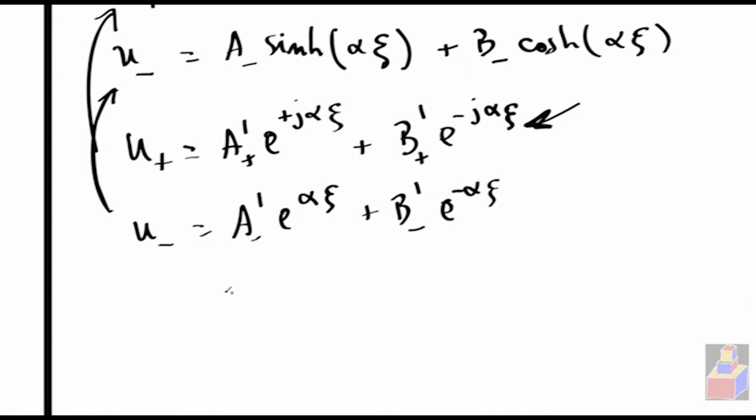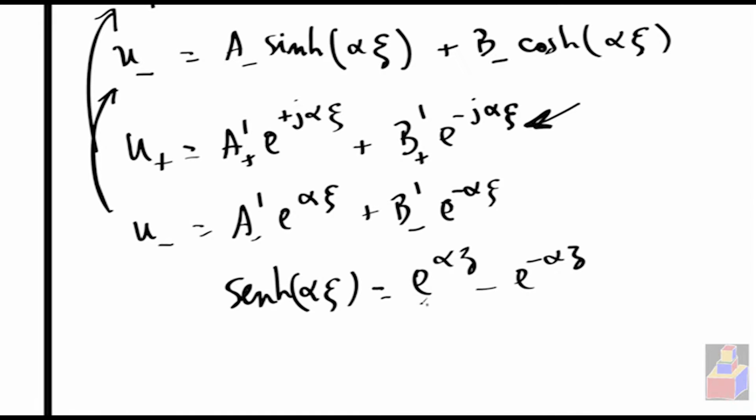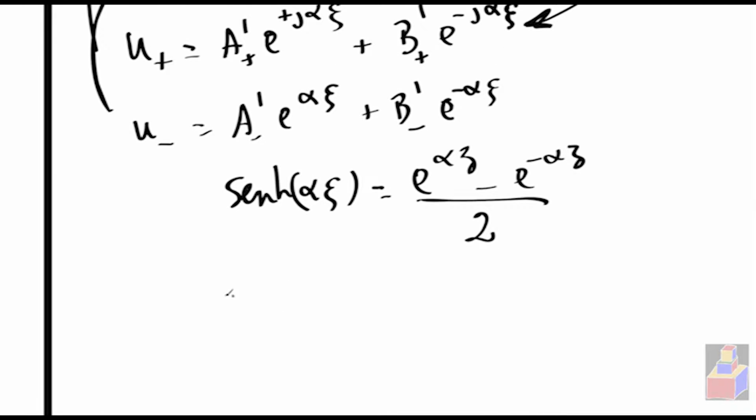It's important to recall the correspondence between hyperbolic functions and exponential functions. It is like this. This is the difference, and the cosine is the sum of exponentials. It's important to know the behavior of these functions to understand the solutions of real problems.